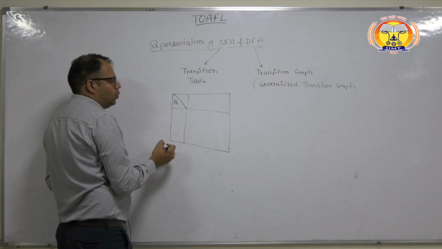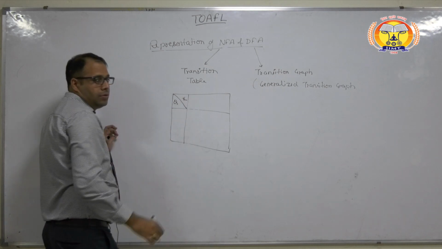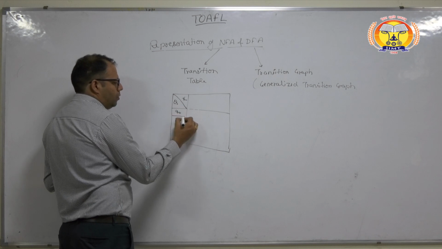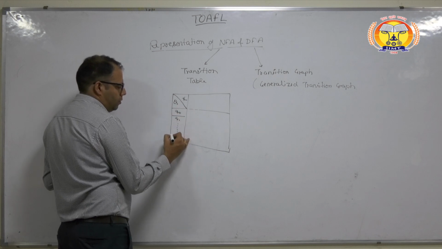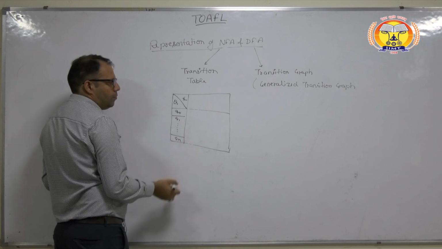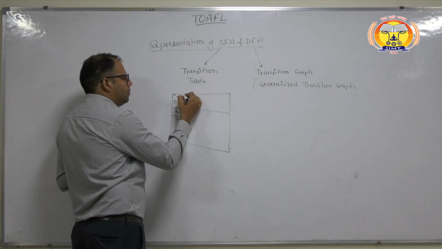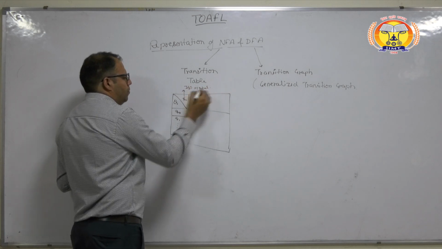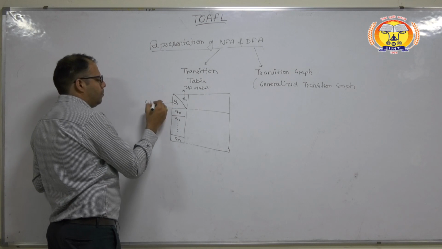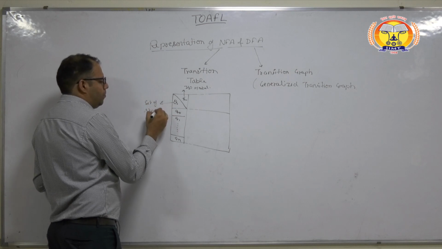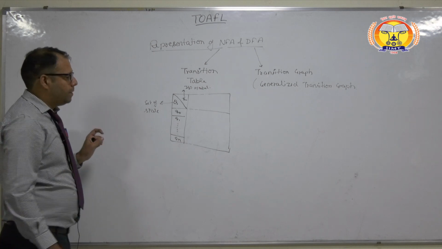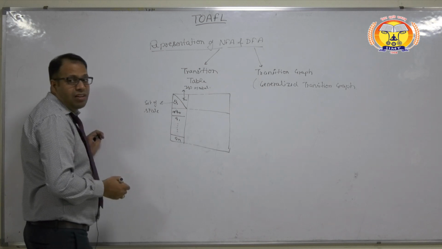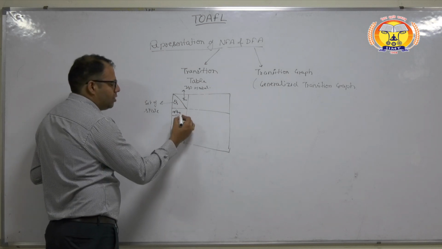These are the Q and the sigma, where Q is the set of states like Q0, Q1 and so on, and sigma is the input symbols. This arrow marks the starting state, which means Q0 is the starting state.